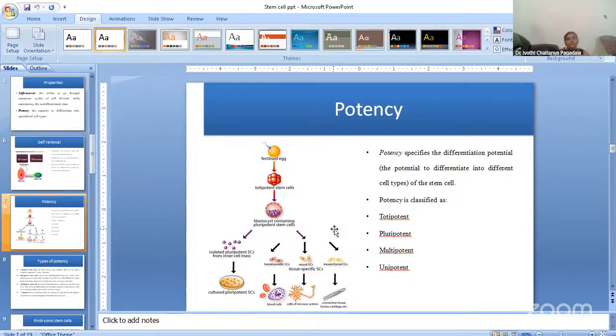Multipotent stem cells are found in most tissues and differentiate into cells from a single germ layer. Mesenchymal stem cells are the most recognized multipotent cell.